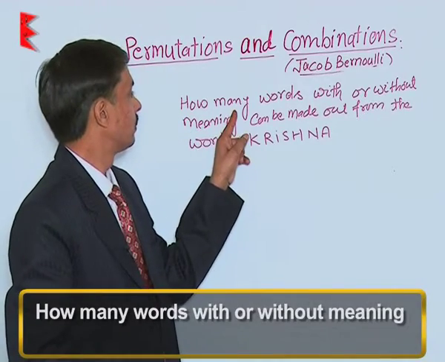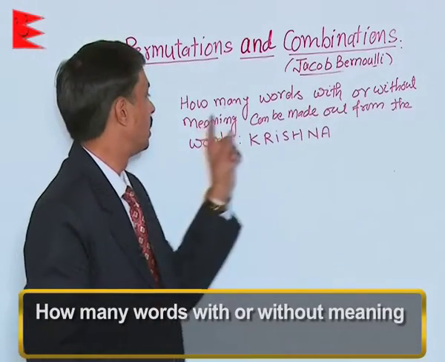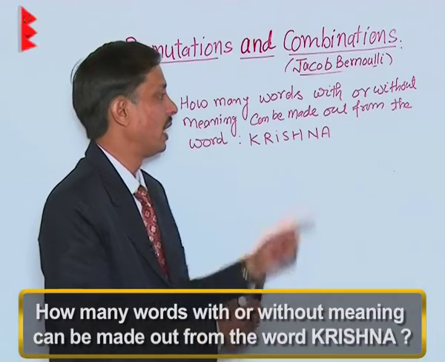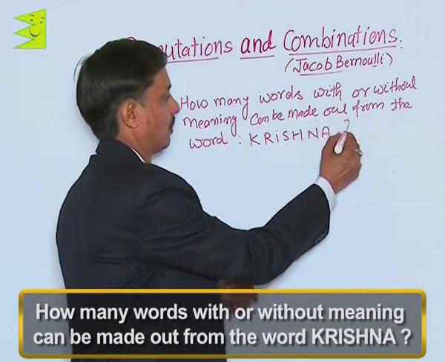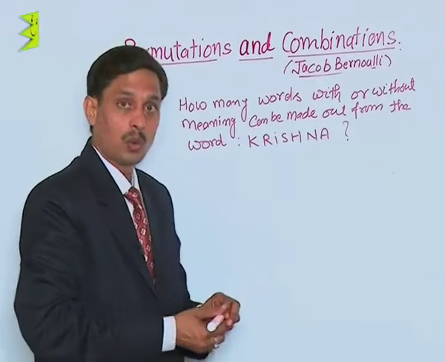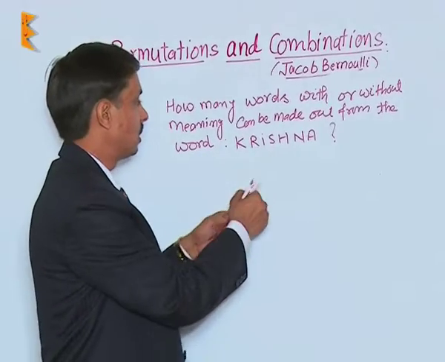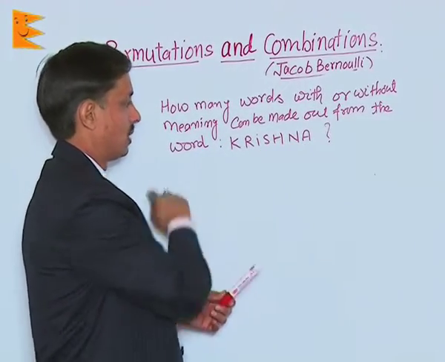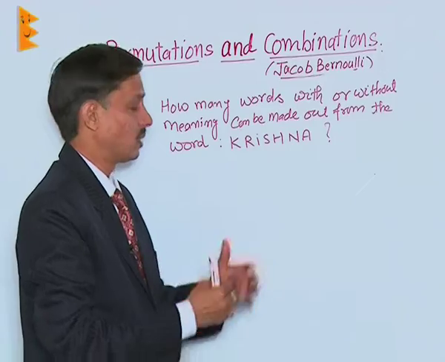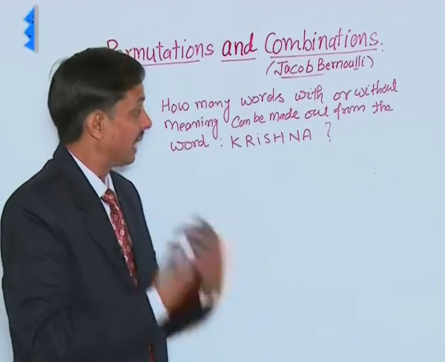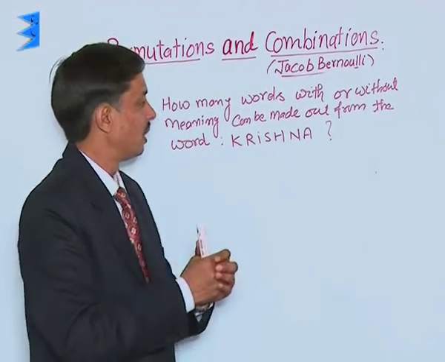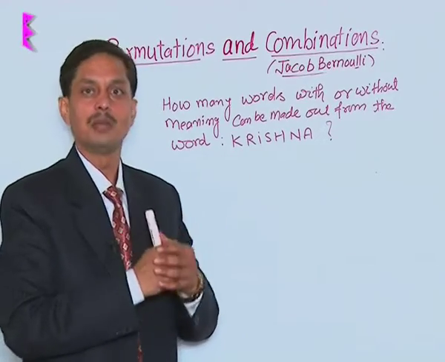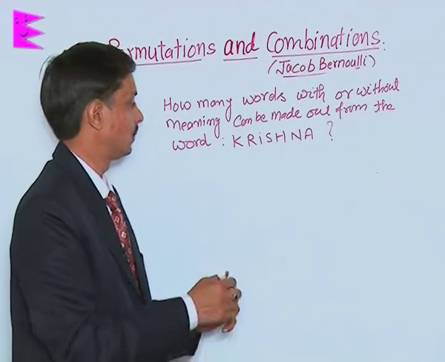How many words, with or without meaning, can be made out from the word Krishna? So the question is, if these letters are reshuffled as many times as you want, in what way you want, then how many words are possible? This is the question.